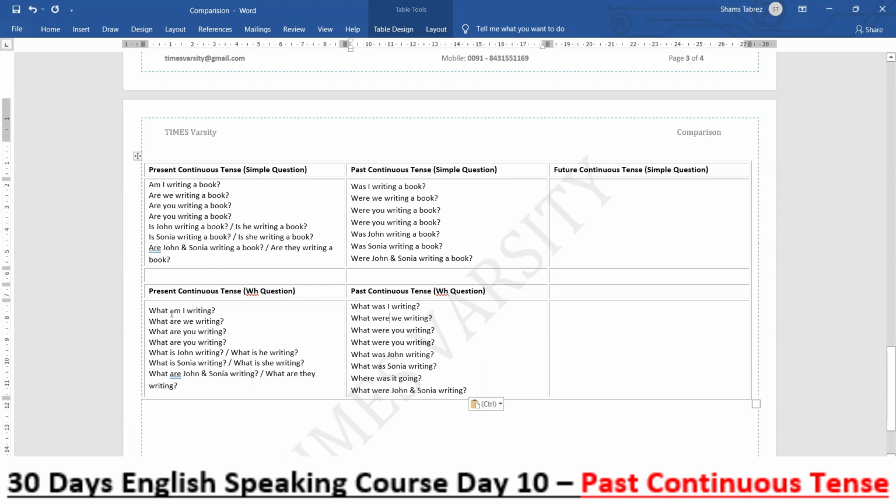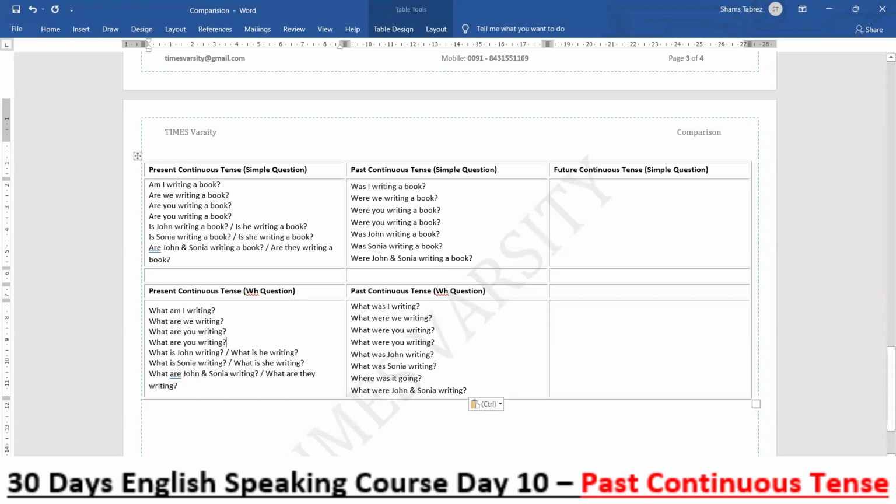So if you see, there is only a change in helping verb. If we change the helping verb, then the meaning changes. For example, would anyone like to read out and translate one by one? For example, this one, the third question.